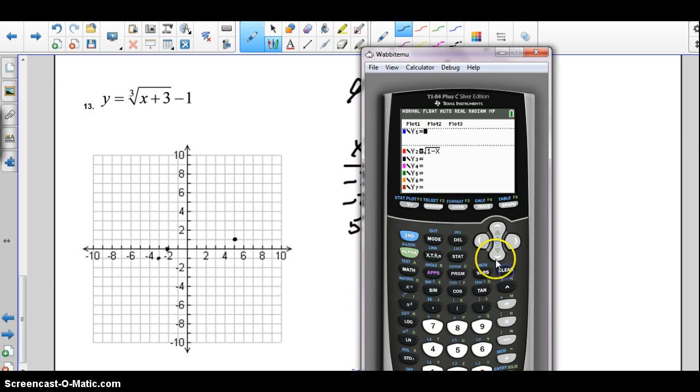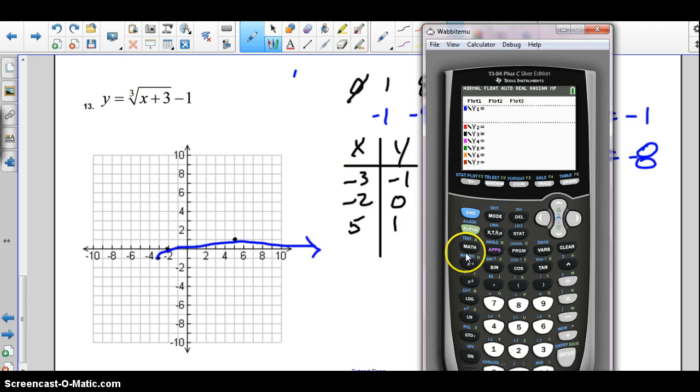Let's change these. I'm very curious about these cube roots. Loving modern technology. So let's plug in cube root, hit math, cube root, which is 4, and plug in x plus 3, and get out of that radical and type in -1, and see what that graph looks like.